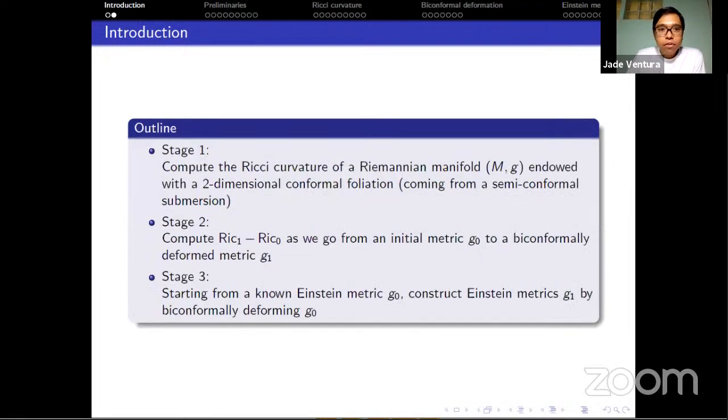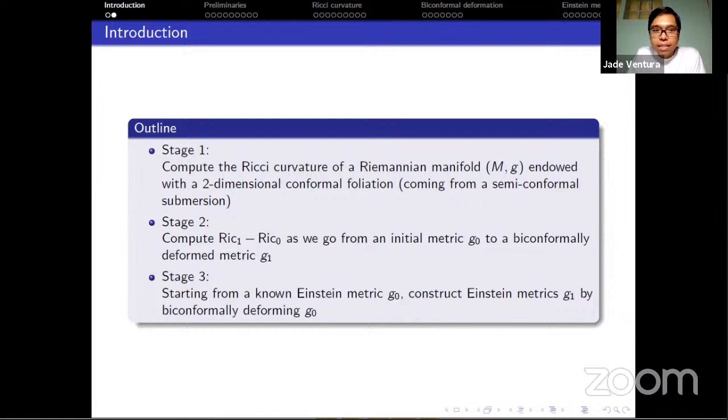So this is the outline of this work, corresponding to parts 3, 4, and 5 of the table of contents that I showed you earlier. The first stage is, given a Riemannian manifold (M, G), we compute the Ricci curvature of this manifold.